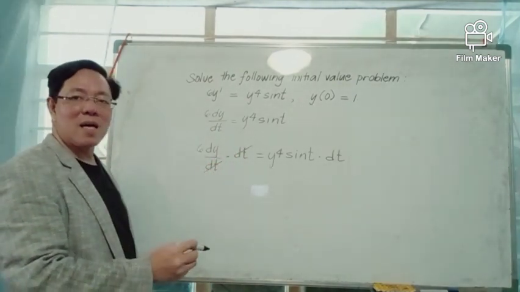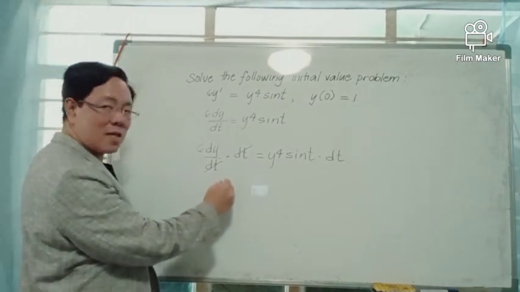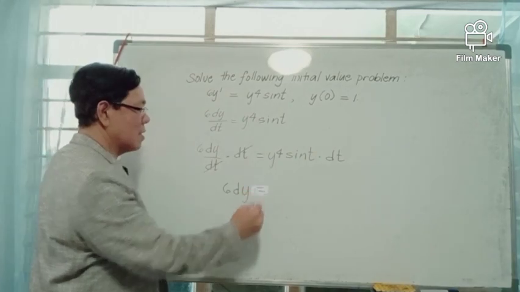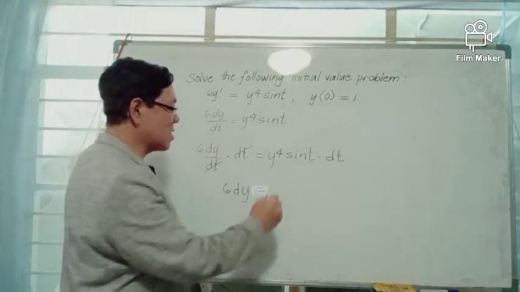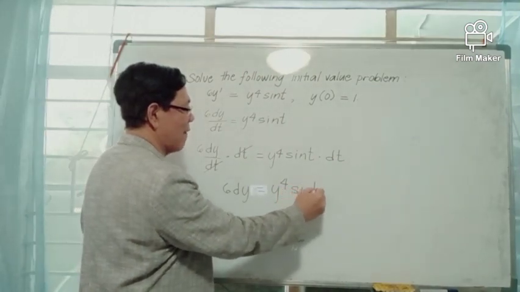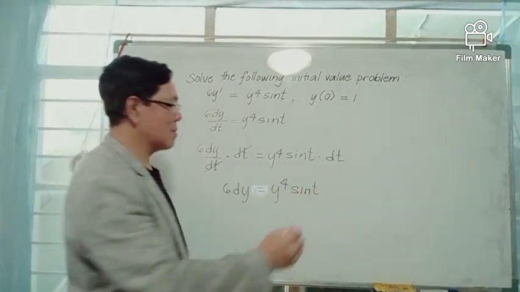So we get 6 dy equals y raised to 4 sine t dt.